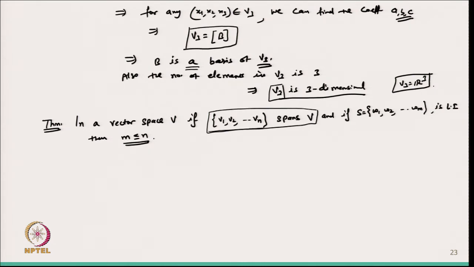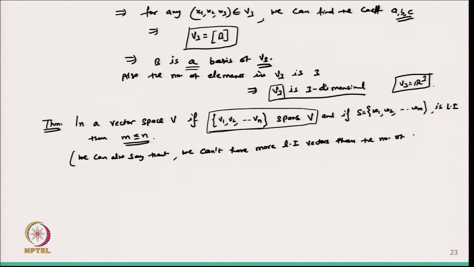Okay, so, in this case we can also say that we cannot have more linearly independent vectors than the number of elements in a set of generators, or in the spanning set.